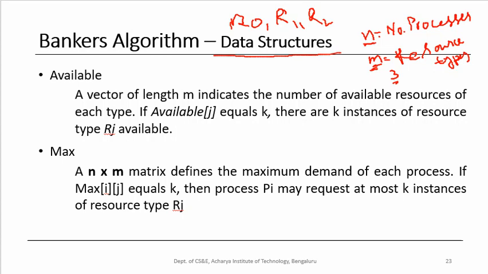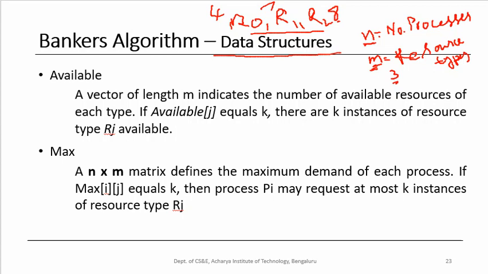There could be multiple instances, so there could be any number of instances of each resource type. For example, there could be 4 instances of type R0, 7 instances of type R1, etc. But there are 3 types of resources in the system, therefore m is equal to 3, and n is the number of processes which are there in the system.